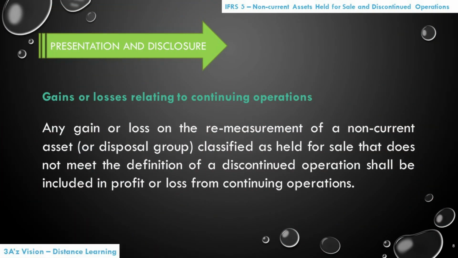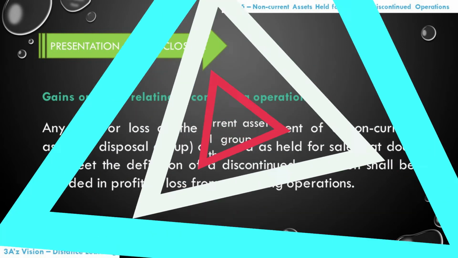Gains or losses relating to continuing operations. Any gain or loss on the remeasurement of a non-current asset, or disposal group, classified as held for sale, that does not meet the definition of a discontinued operation, shall be included in profit or loss from continuing operations.